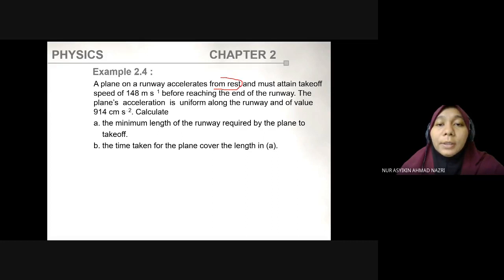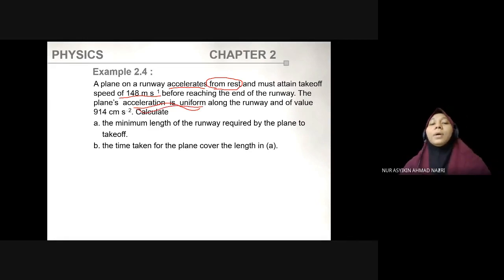There is a hint here in what 'from rest' means. And the runway accelerates, so there must be an acceleration. It must attain a take-off speed of 148 meters per second before reaching the end of the runway. The plane's acceleration is uniform. It also tells us the acceleration is uniform. That hint allows you to use one of the four expressions that we have derived just now.